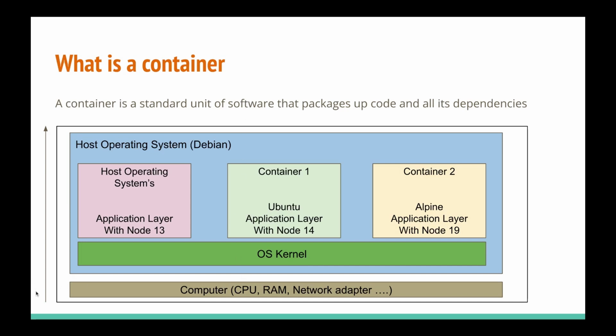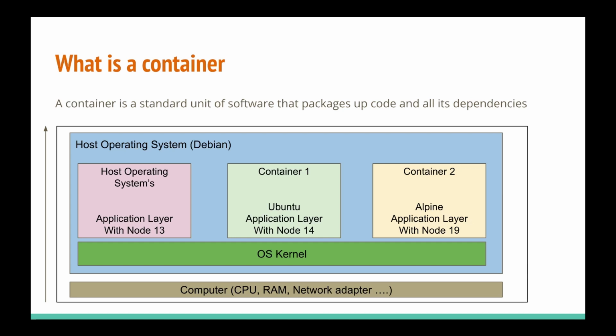Look at this diagram from bottom to the top. First layer, we have a computer: CPU, RAM, network adapter. It can be a virtual computer too, a virtual machine. On top of this layer, we have this whole blue box. It's a Debian operating system.